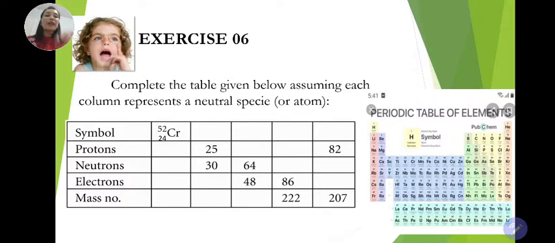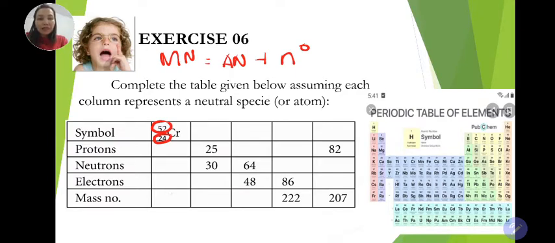We know that our formula for this is mass number is equal to the atomic number plus the number of neutrons. Okay, in the symbol given in the first column, we have this as our mass number and this one is our atomic number, as we have previously discussed.